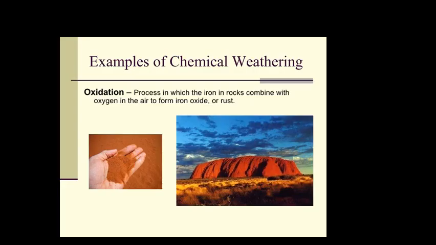So this is an example again of oxidation, the process in which the iron compounds combine with the atmospheric oxygen to form iron oxide or rust. So ultimately the rock just decomposes and there's a change in the chemical composition. That is why it's called chemical weathering.